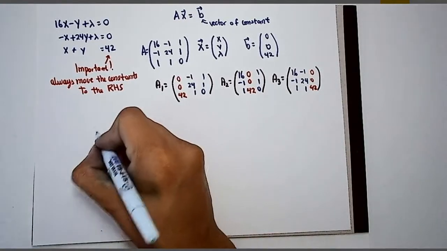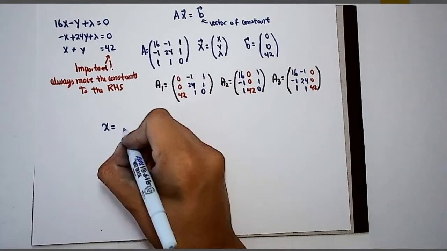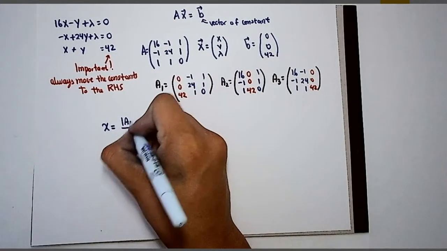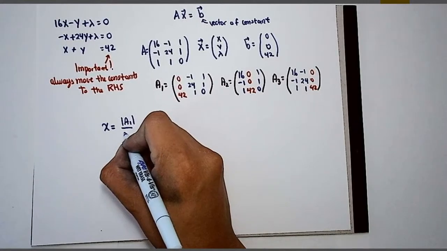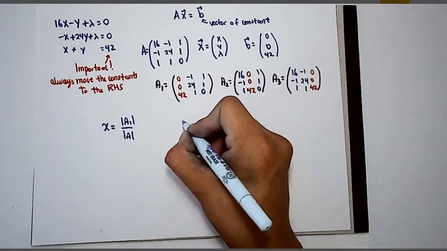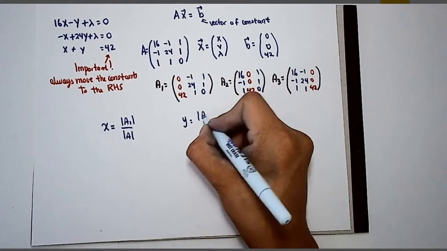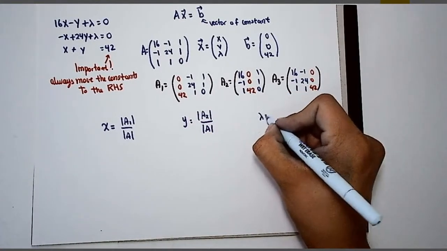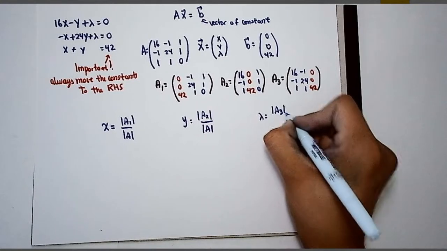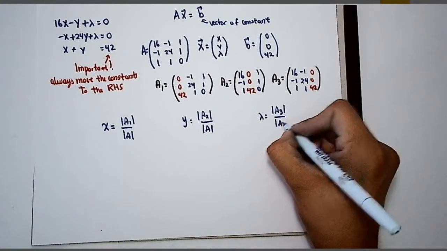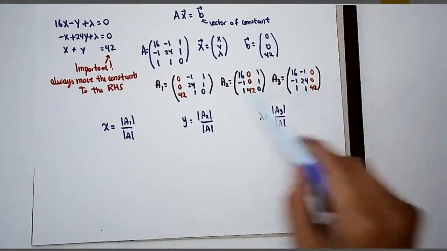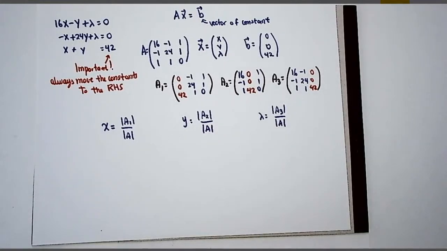Now remember, in order to obtain the value of x, because this is the first variable in order, this is the determinant of A sub 1 divided by the determinant of A. For the case of y, it will be the second submatrix. And for the case of lambda, we will use the third submatrix. So let's find the determinants of each of the four matrices in a separate page.